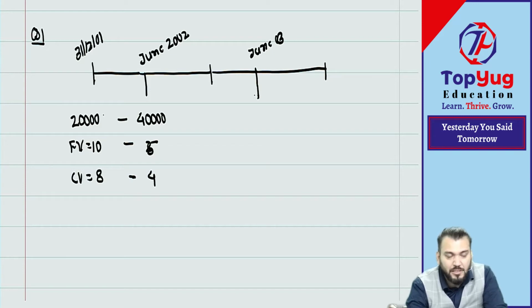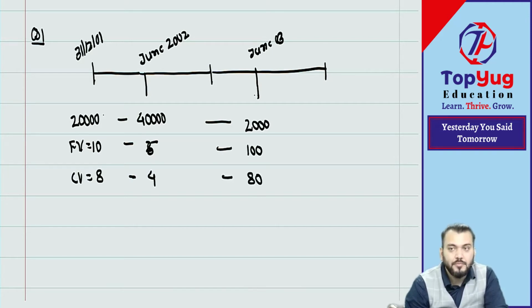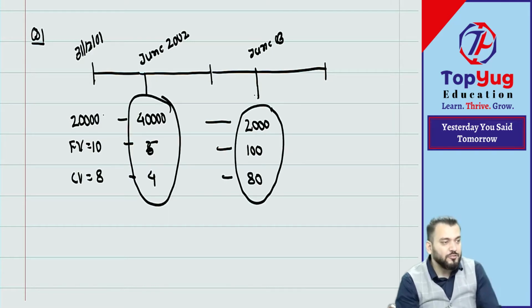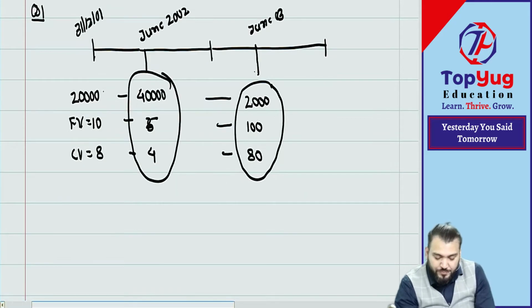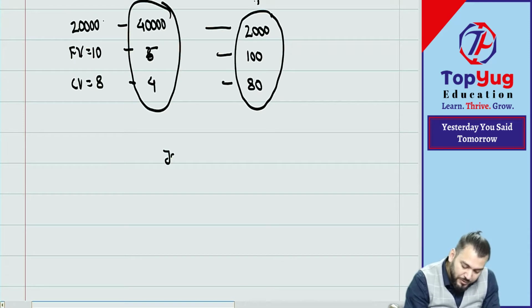So 40,000 divided by 20 means now it will become 2,000 shares, and the face value will become 100, and the paid up value will become 80. This is a subdivision, and this is consolidation. We need to pass journal entries for this. Let us pass the journal entries.